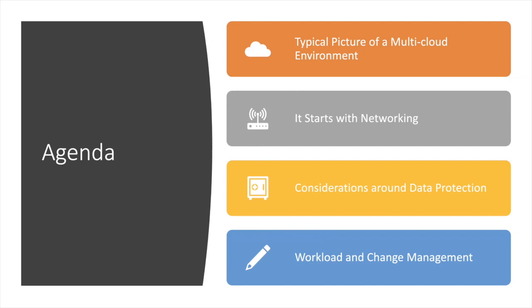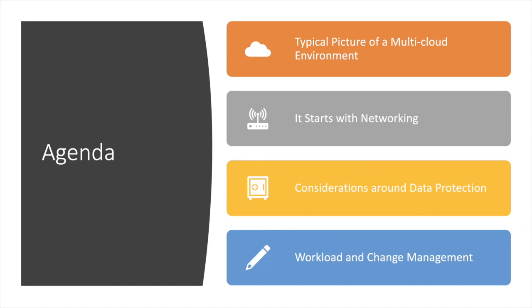So let's go over the agenda. This is what you found in the invite. We'll go over a picture of the typical multi-cloud environment. I say in this presentation that it starts with networking, but actually your multi-cloud journey starts with data. Unfortunately, there's not an awful lot of solutions and products on the market to really help you with the holistic challenge of data in the enterprise.